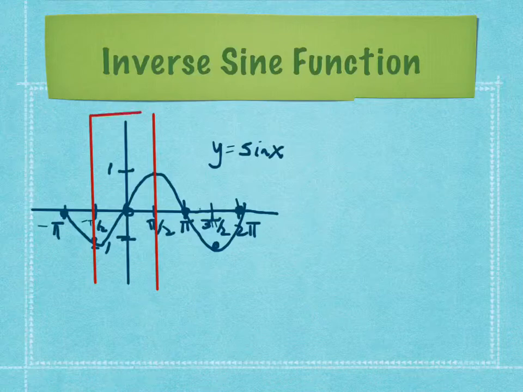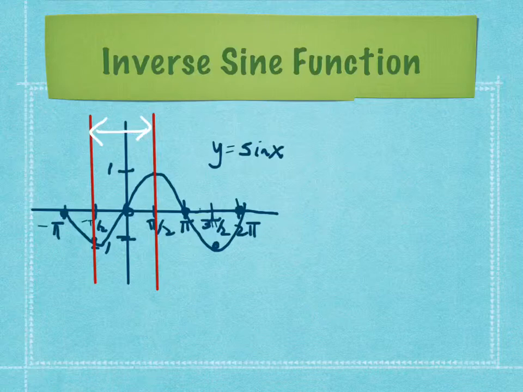If I only look from here to here on the blue part of the graph, can I draw all the horizontal lines I want and it only crosses the graph at one point? Sure. Or no points at all if I draw them far enough down or far enough up, right? Yeah, that's true too. So this portion of the graph is 1-to-1. So this is the portion upon which we will be defining sine.